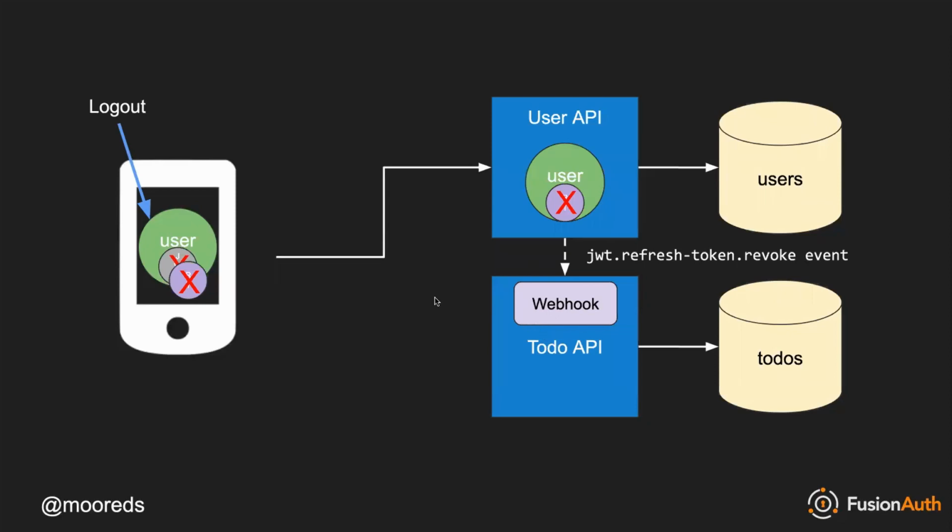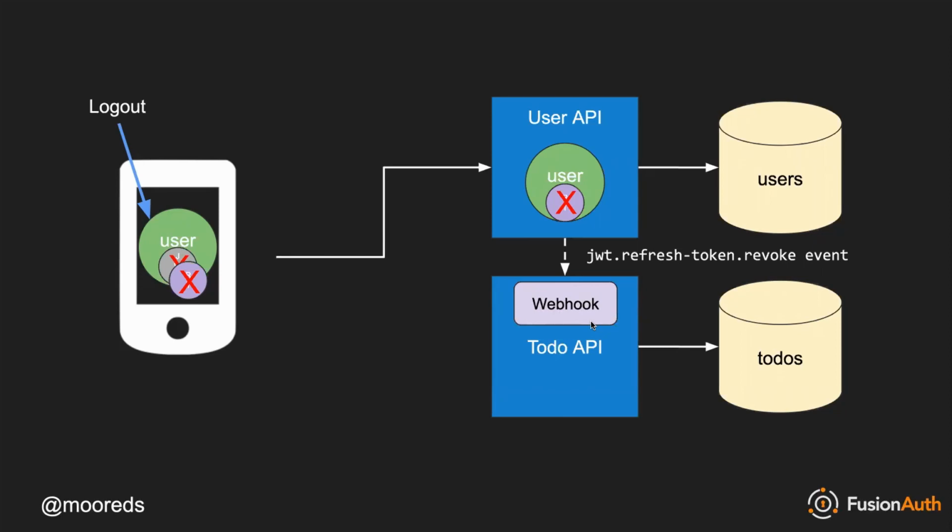You could imagine, Dan Moore, user ID 42 logs out, 42 gets stored here. It could be in memory, it could be in Redis. And the to-do API, when presented with a JWT that somebody else has grabbed, and it has Dan Moore, user ID 42, will check that data store and say, oh, yep, this person has logged out.